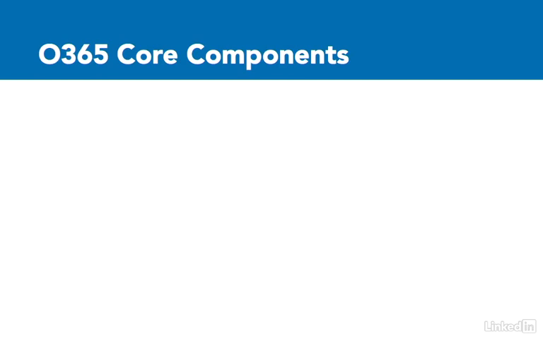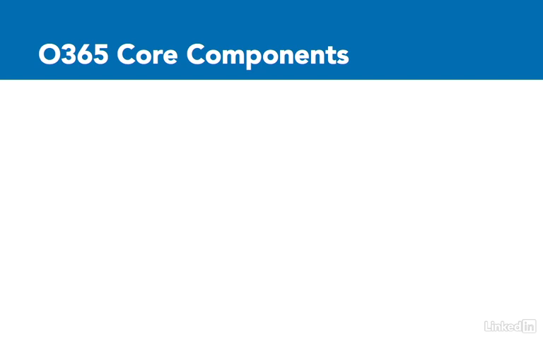What we also want to familiarize ourselves with in this introductory lesson about Office 365 is that there are core components of Office 365. But these are all of the things, the administrative things that can also be part of your Office 365 environment, especially from an administrative standpoint.